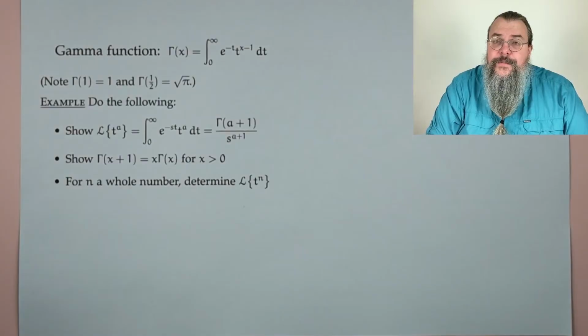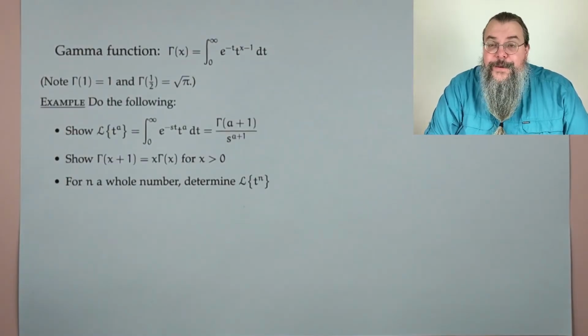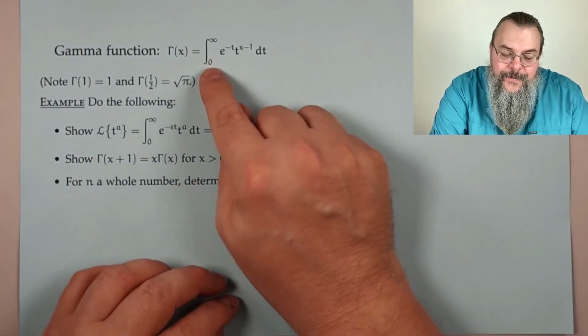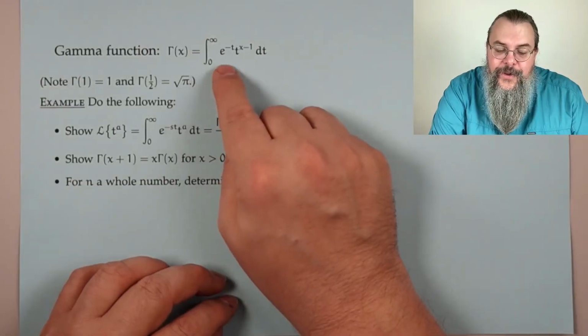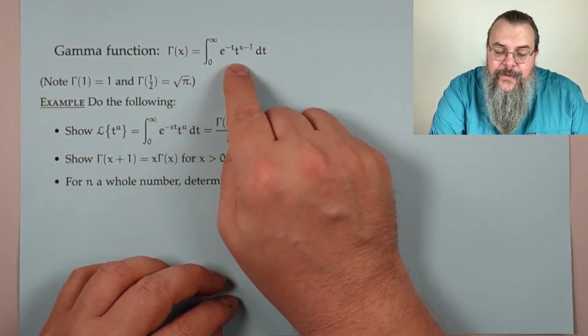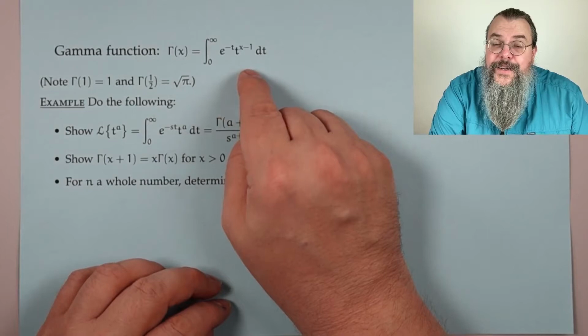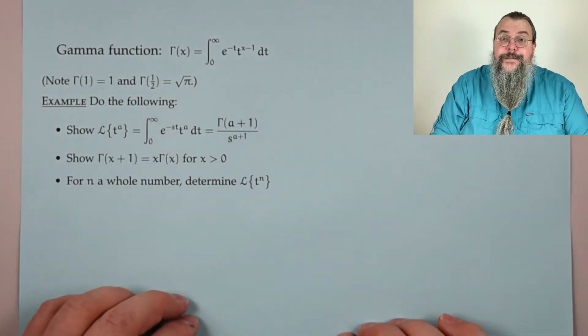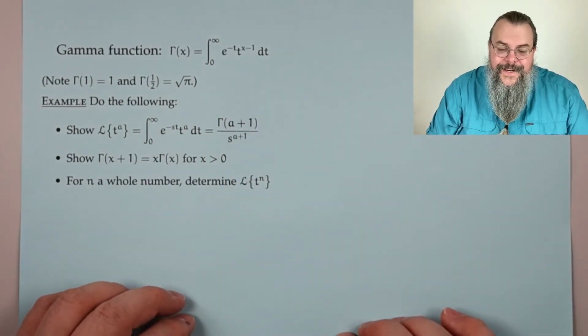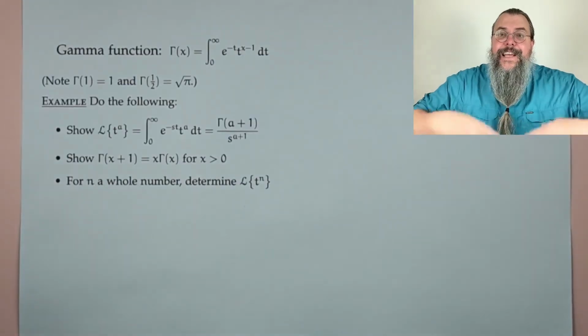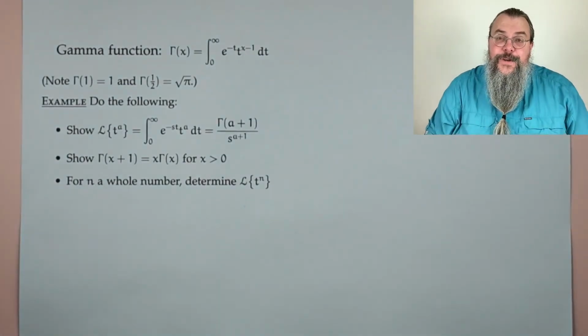And how is it defined? Well, it's going to sound familiar. The integral from 0 to infinity, e to the minus t, t to the power x minus 1 dt. Oh, that does sound really familiar. Yeah, it has kind of the same flavor, if you will, of our Laplace transform.